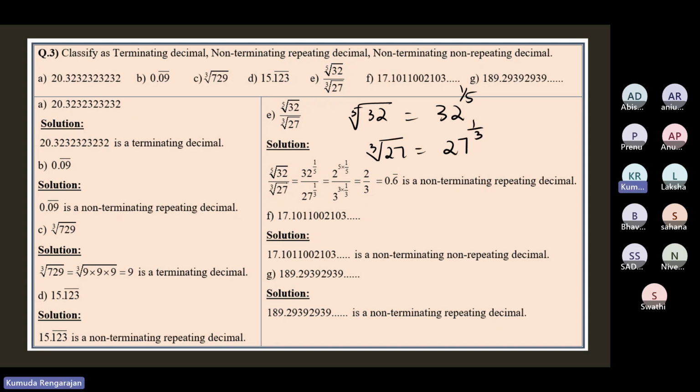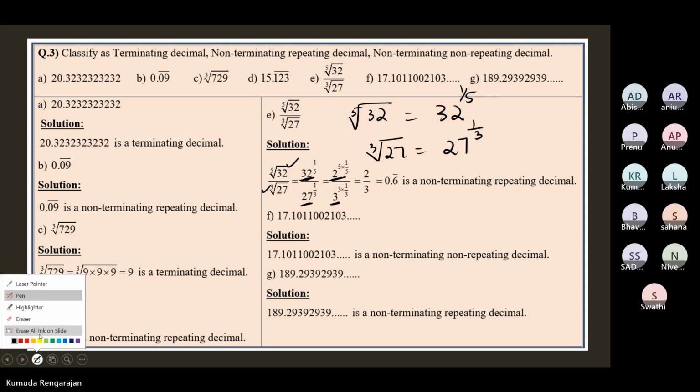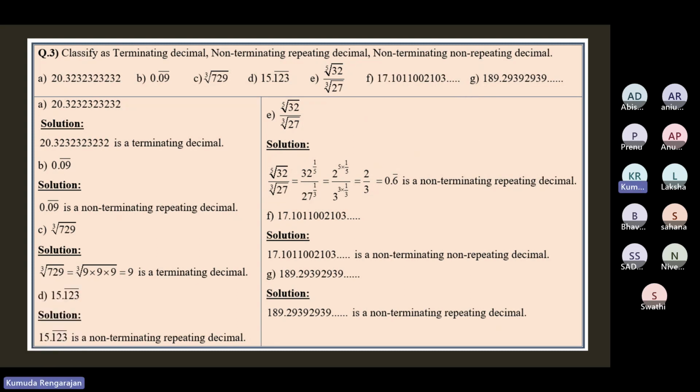These are in the radical form, and I've put them in the exponential form. Then the base 32 can be written as 2 to the power 5. The base 27 can be written as 3 cubed. But there's already a power 1 by 5 and 1 by 3, so multiply the powers. Then they get cancelled. So 2 by 3.